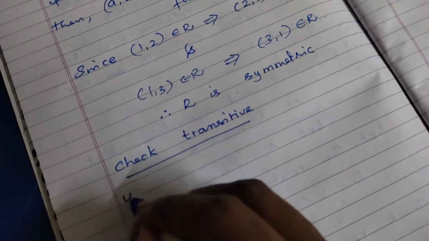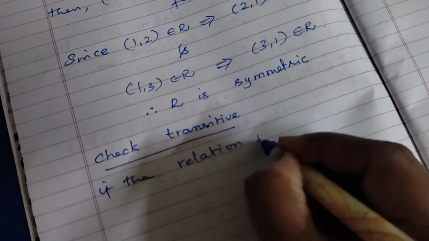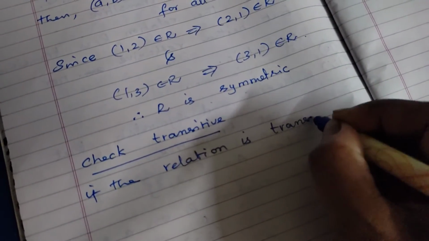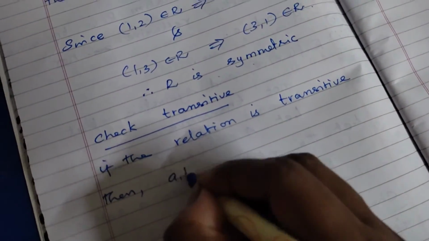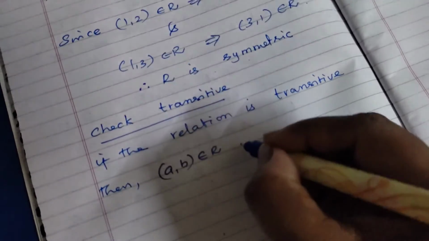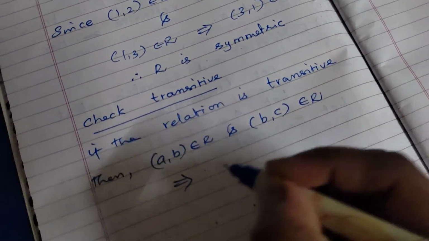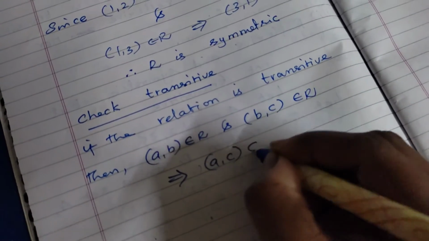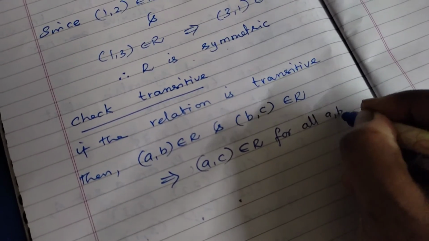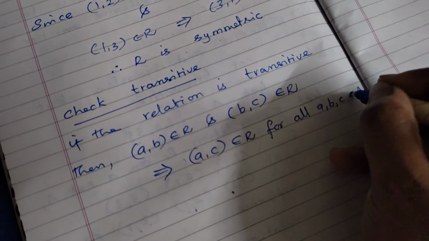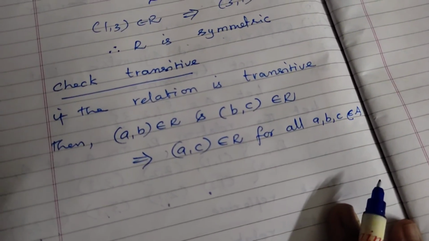Now we have to check transitive. If the relation is transitive, we know the condition: (A, B) belongs to R and (B, C) belongs to R implies (A, C) belongs to R, for all A, B, C belonging to the given set A. This is the transitive condition.